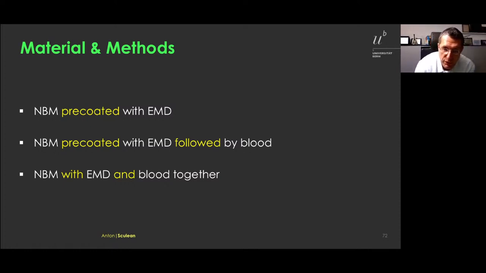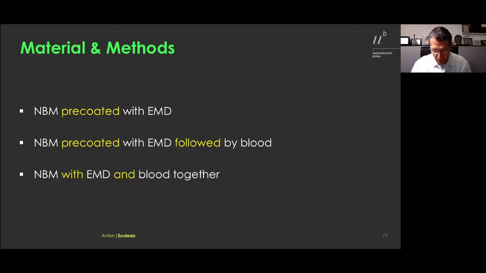We took the particles of the graft, this is the NBM, and mixed it with the Emdogain, with EMD. Then we took a second group, took NBM, added EMD, and then added blood at different time points.